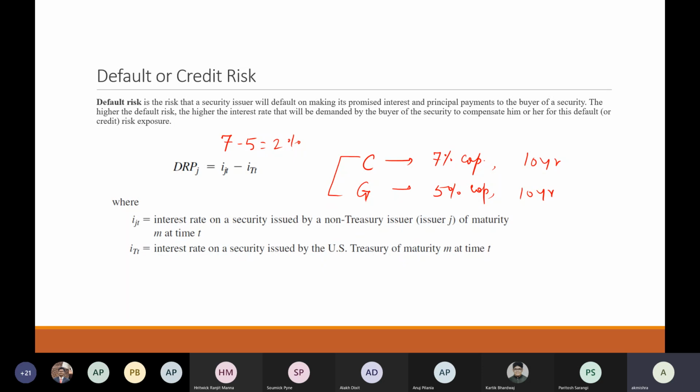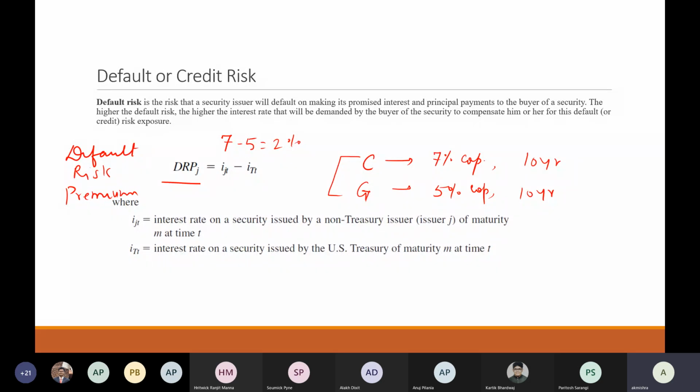So this difference between a private company's security and a government security of similar maturity, that difference we call the default risk premium, the additional return that the company is offering for having some probability of default.